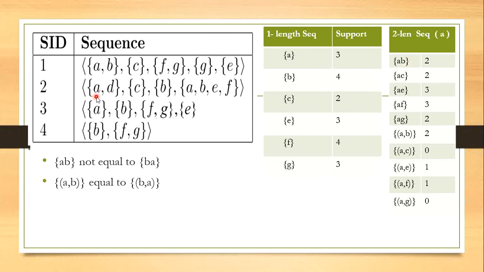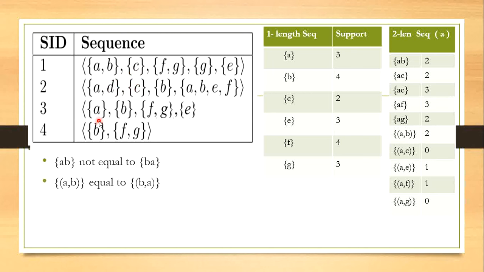And here A is present in this transaction. Next B is present in this transaction. There are different transactions and A appeared first, then B has appeared. So this sequence is contributing to the support of this AB.